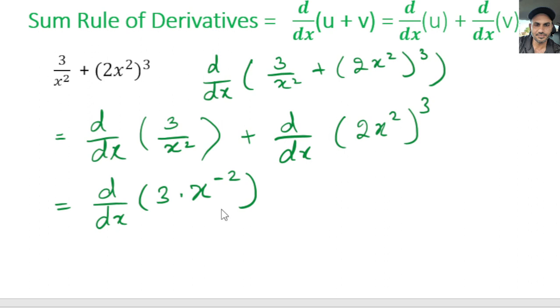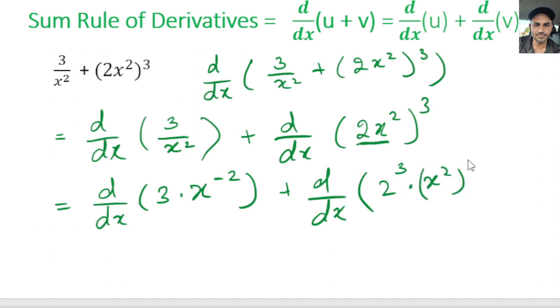If it's in the denominator, we can bring it into the numerator and change the sign of its exponent. And then plus d over dx of this. I'm going to simplify it from here. I'm going to take the cube of the term inside, so 2 cubed times x squared cubed.